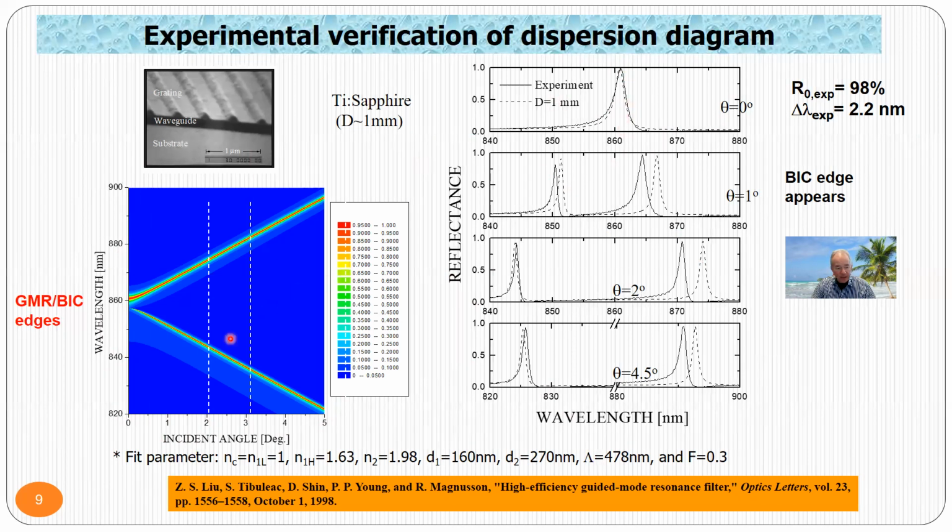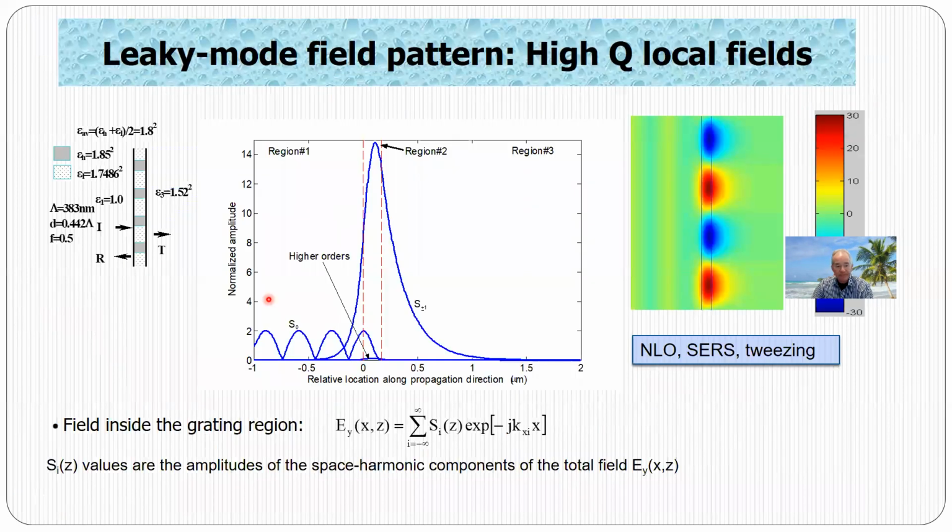At normal incidence, we just see one peak, because the symmetry protected BIC edge is not resonant, as you see here in this computed diagram. And as we angle, then it comes out, and now we have these two peaks that really agree. This experimental data agrees with this blue dispersion diagram here.